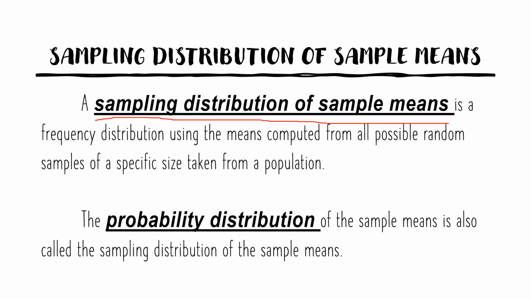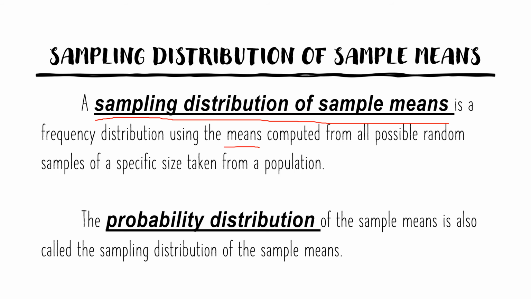The only difference is that we're dealing with the sample means involved in this kind of sampling distribution. Unlike before, when we were dealing with a random variable, now we're dealing with sample means. So what will be the probability that will be mapped to each sample mean reflected on our table?